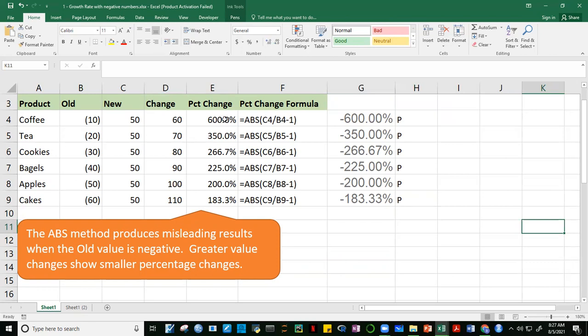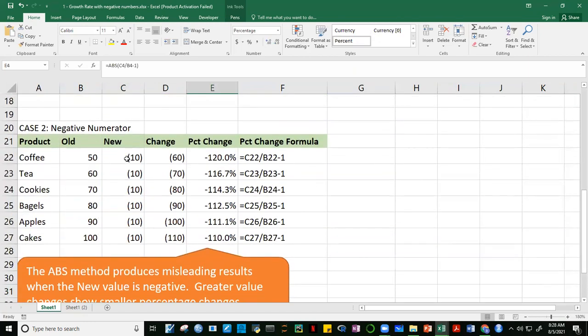I hope it makes sense, guys, na yung question na bakit mas maliit yung percentage change nung mas malaki yung change, di ba? From negative 60, naging 50, ang laki ng change. It's 110. Pero yung percentage change niya, mas maliit kaysa dito. So that's the problem that we get when we have a negative value, either dun sa old at saka sa new. Dito din, di ba? Okay, pare-pareho naman yung new value nila dito.